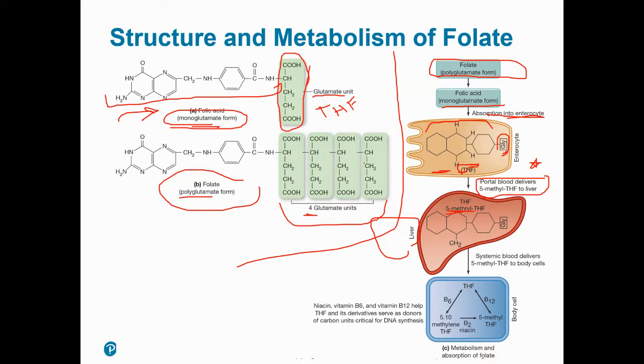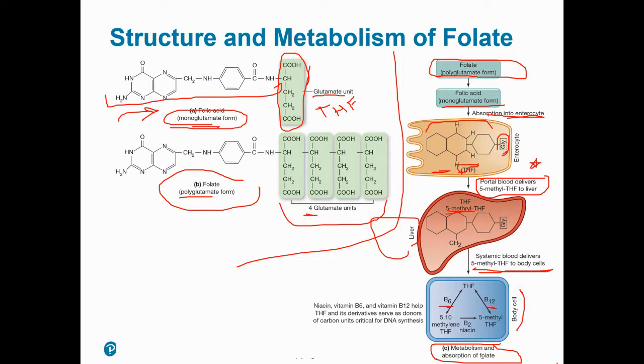So then you'll see it's this 5-methyl tetrahydrofolate form that travels throughout the rest of the blood. And then at the various body cells, folate will be metabolized for whatever its purposes might be. So we saw on the B6 slide that B6 can help metabolize tetrahydrofolate.